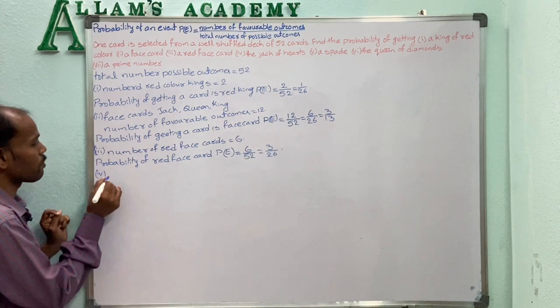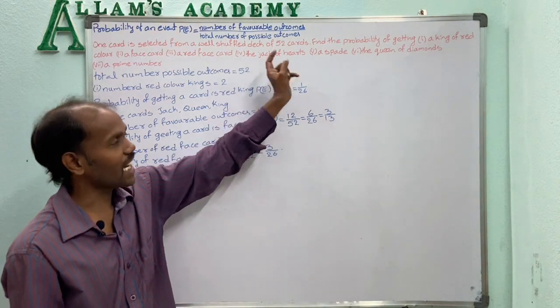Now the fourth problem is the jack of hearts.